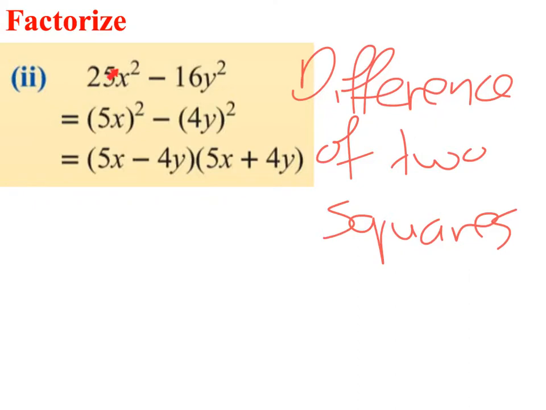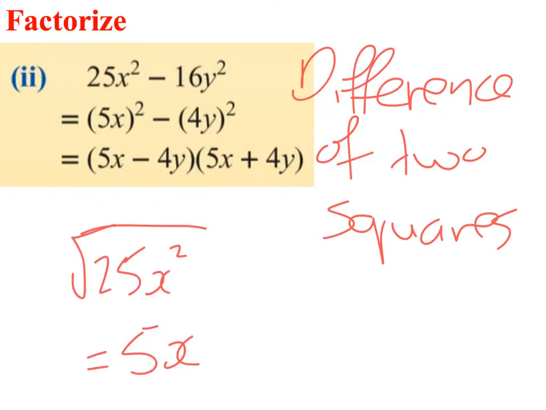So the square root of 25x squared is going to be 5x, because the square root of 25 is 5 and the square root of x squared is x. So 25x squared can be rewritten as 5x all squared. You don't necessarily need this step, you can jump straight from the question down to our two sets of brackets.